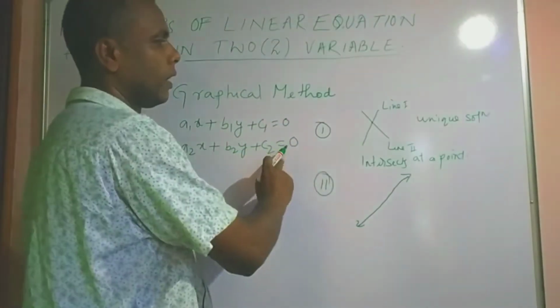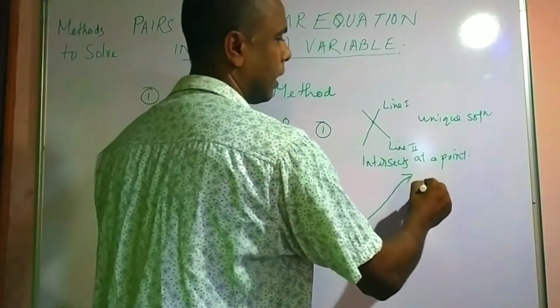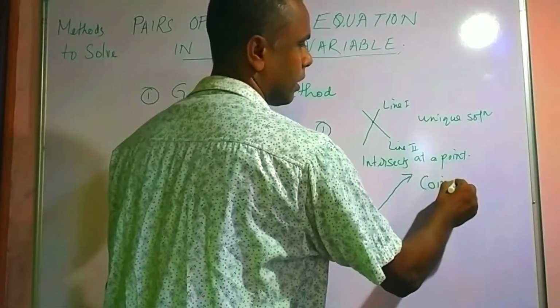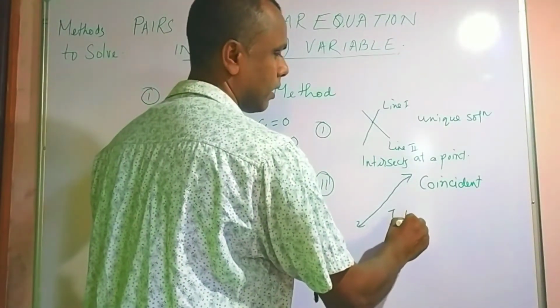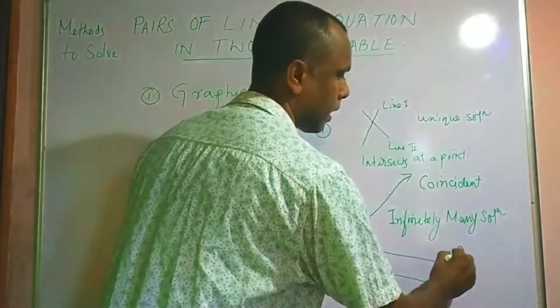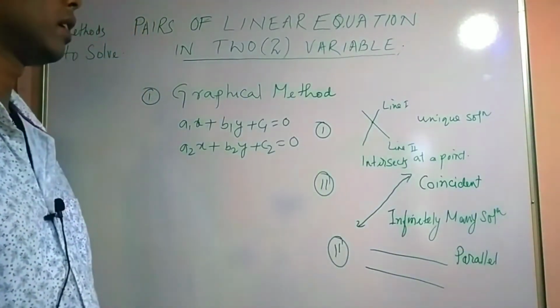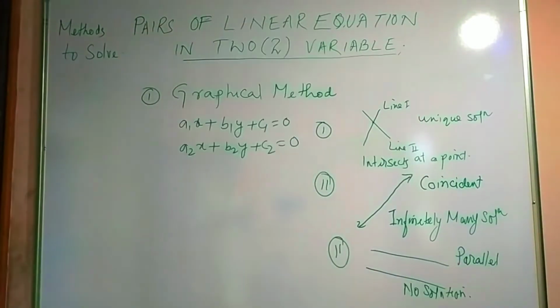When these two lines overlap one another, we say lines are coincident. In this case, we have infinitely many solutions. If the lines are parallel, then we have no solution.